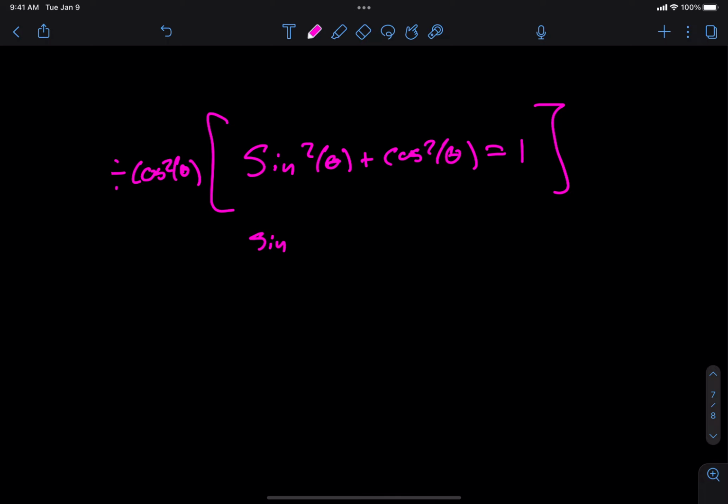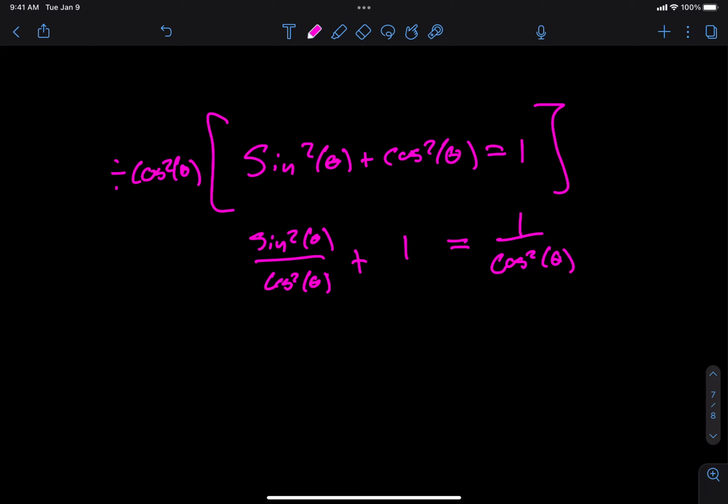I get sine squared theta over cosine squared theta plus 1 is equal to 1 over cosine squared theta. In other words, tangent squared theta plus 1 is equal to secant squared of theta, yes?